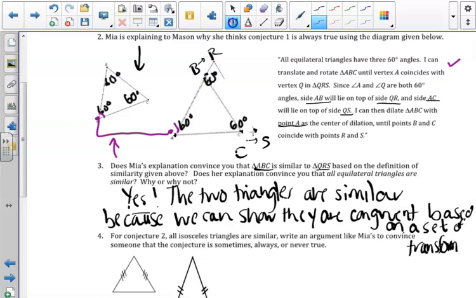So if we are able to show that they are congruent based on a set of transformations, then the triangles have to be similar. So reflecting upon what information we were given in number 2, we were given only that 3 corresponding angles were congruent, and we were able to determine that the triangles were similar.